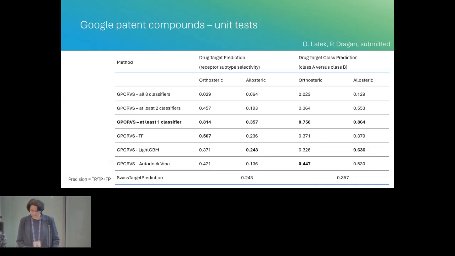However, AutoDock Vina also performed quite well in drug target class prediction. Unfortunately, we rarely observed agreement between all 3 components of GPCRVS, but still it is in accordance with the complementarity of ligand-based and structure-based approaches to virtual screening.